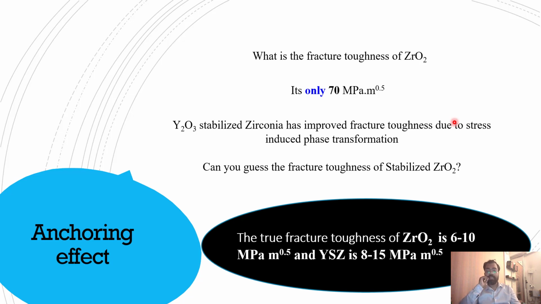But the reality is that zirconia has a fracture toughness of 6 to 10, and when you stabilize it with yttria, it is 8 to 15 megapascal only. Because this information was not there with some of you, by giving a value of 70 here, I kind of anchored your idea on this value. Even if I ask you to make a guess, your guess will be floating close to this number.